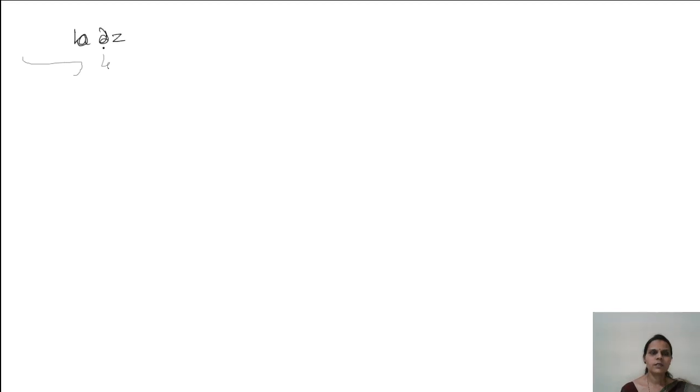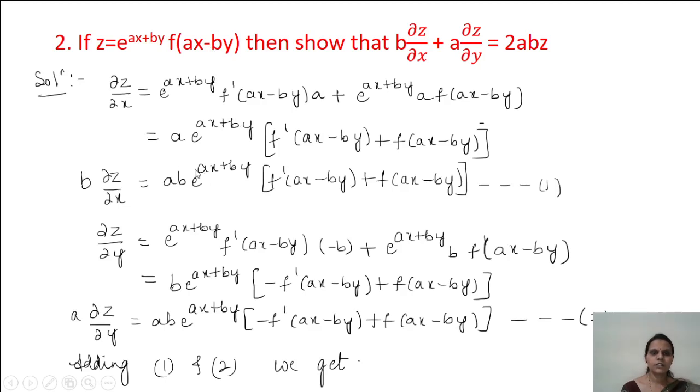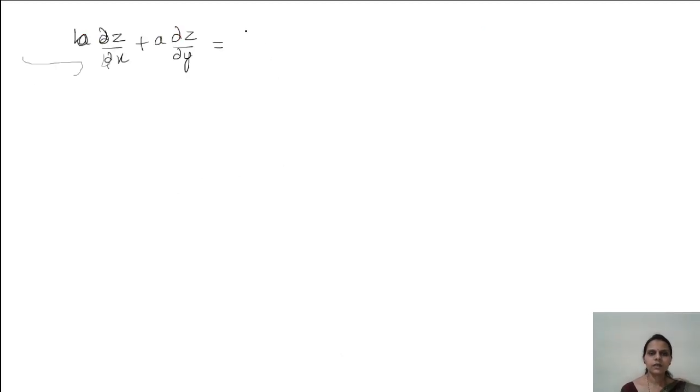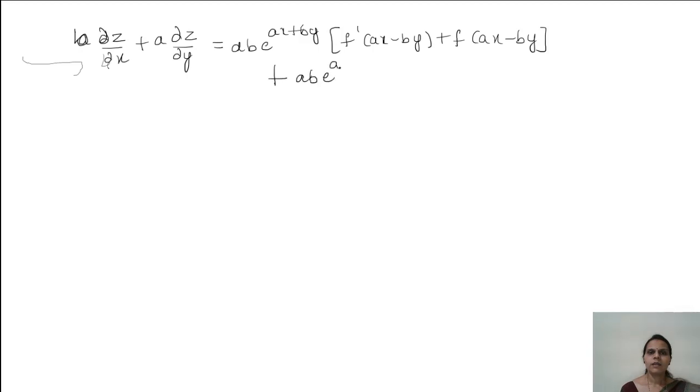b into dou z by dou x plus a into dou z by dou y is equal to, the right hand side of equation 1, ab e power ax plus by into f dash of ax minus by plus f of ax minus by, plus ab e power ax plus by into minus f dash of ax minus by plus f of ax minus by.